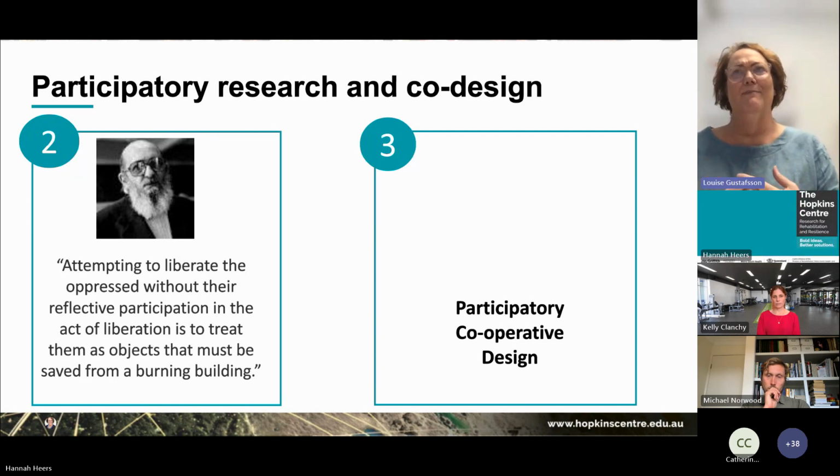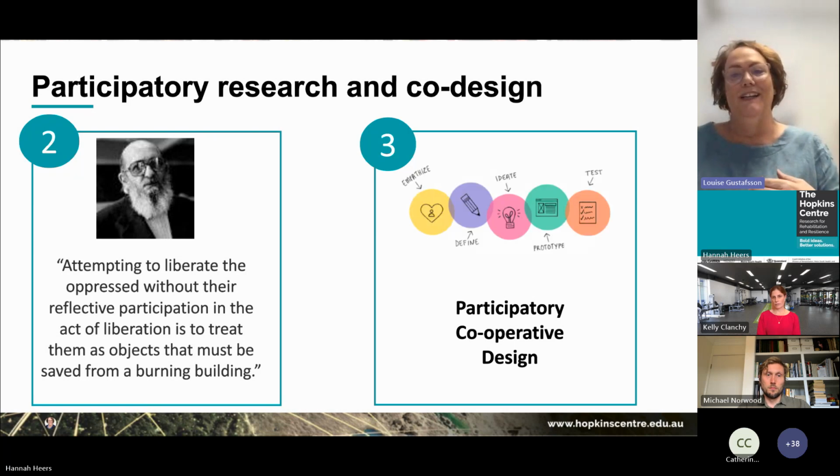Again taking that social justice, emancipatory approach, they said that the workers who have to use these computer systems we're designing should be part of the design team, informing it and helping us make the decisions. So it was about bringing what we know as design thinking or user-centred design, in whatever form they were using then, into this democratic, emancipatory action research approach, to form what was termed participatory cooperative design. And this is what jumped across into the healthcare system.